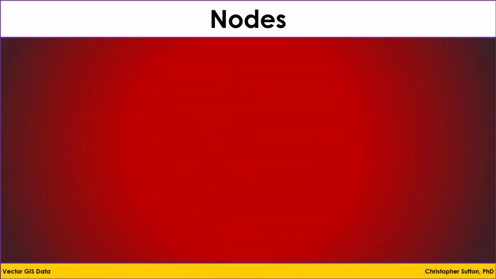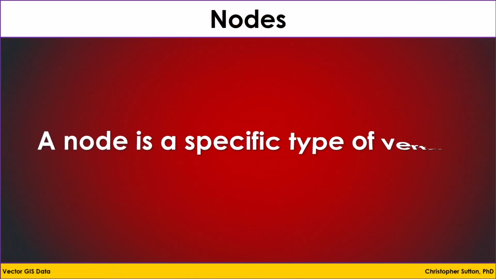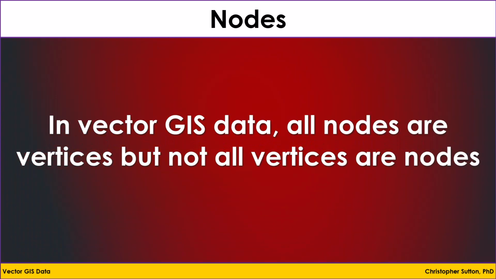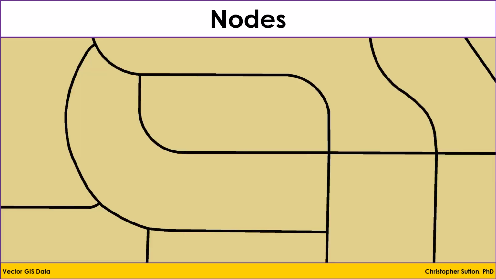It is worth mentioning nodes. A node is a specific type of vertex that has a particular role in defining the structure and topology of lines and polygons. In vector GIS data, all nodes are vertices, but not all vertices are nodes. In linear features, nodes are vertices representing the start, end, or intersection of a line.